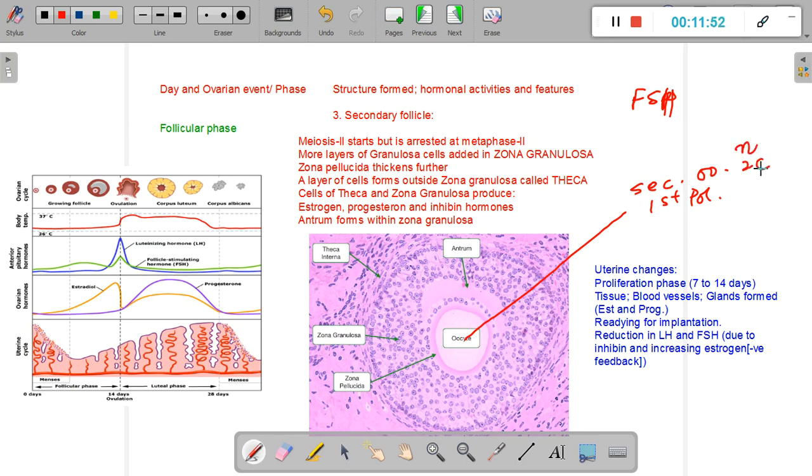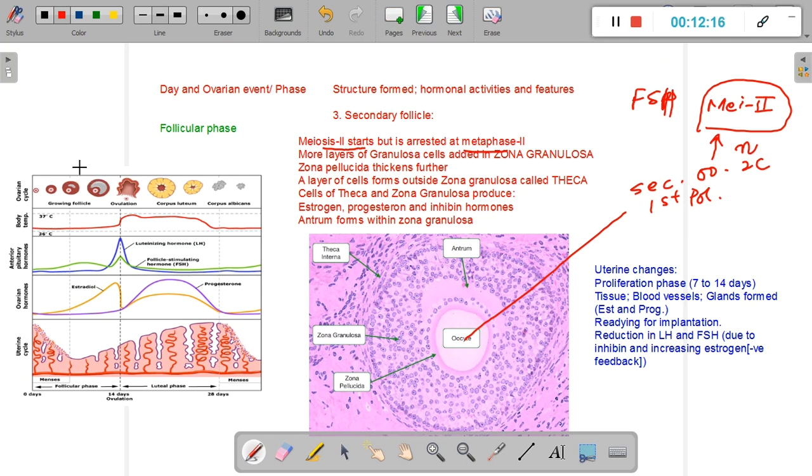It is 2C, right? This was the result of meiosis 1. Now it starts to undergo meiosis 2, and if you remember from your previous classes, this stage will be frozen. Meiosis 2 starts but is arrested at metaphase 2 here.